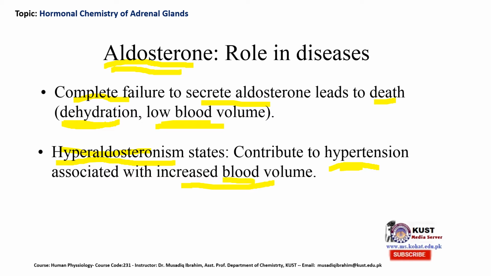It means that the blood pressure of the patient increases, and if not treated, it can also lead to death. So these are the two conditions or diseases which can happen as a result of undersecretion or oversecretion of the aldosterone hormone.